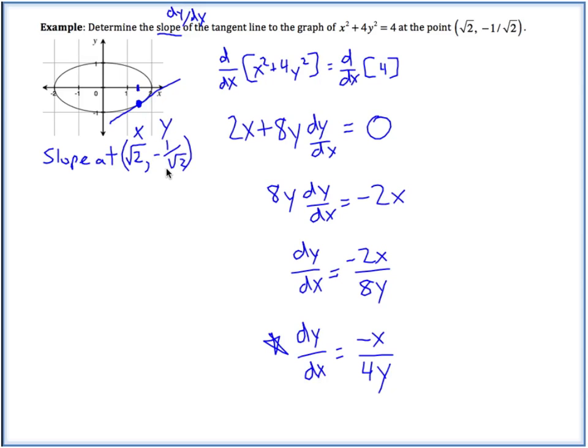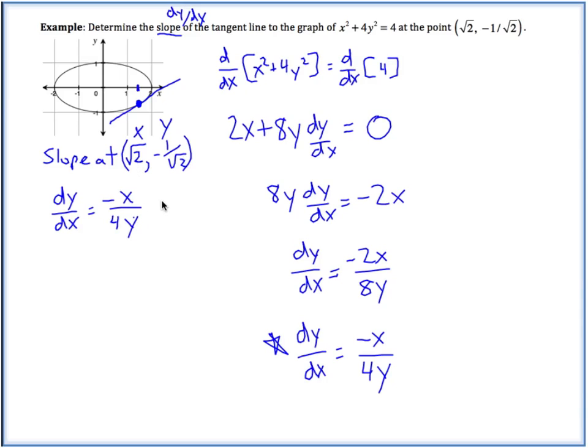And remember, if you weren't given the y, you would just plug x into your original equation and then solve for y, and then you could get your y value right there. So what we need to do is substitute these values into this derivative. So remember, slope is dy over dx. And here's our equation.